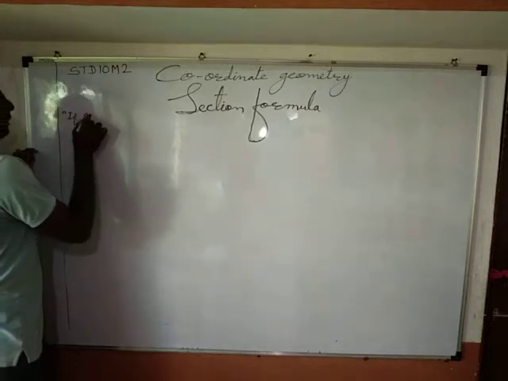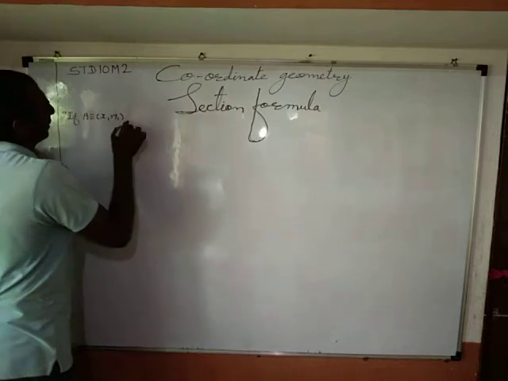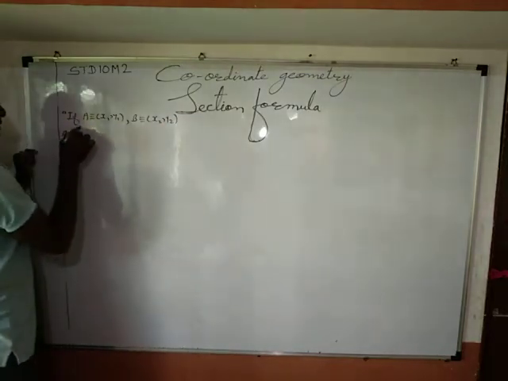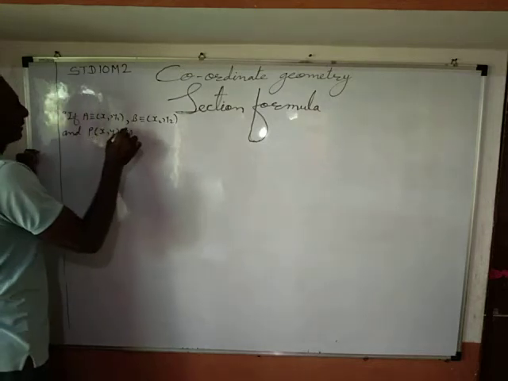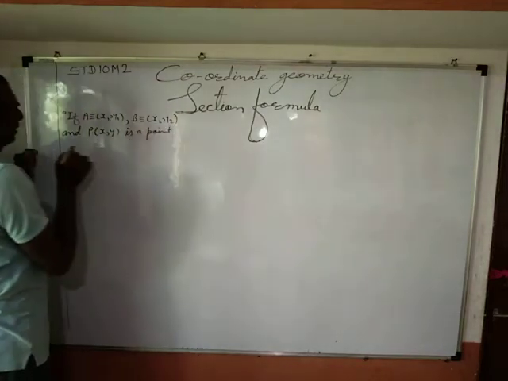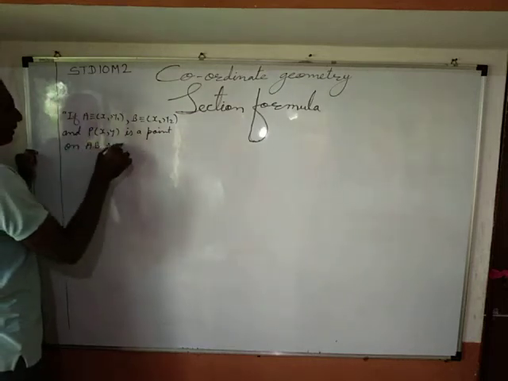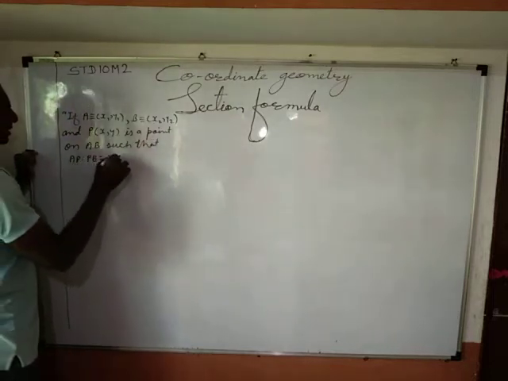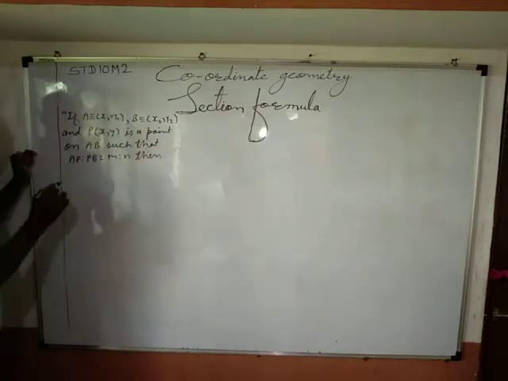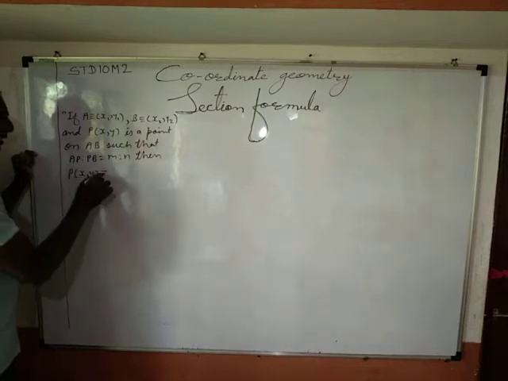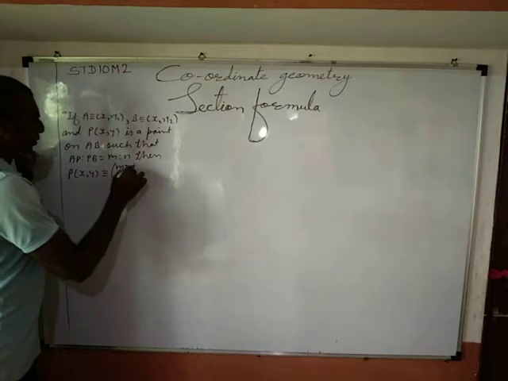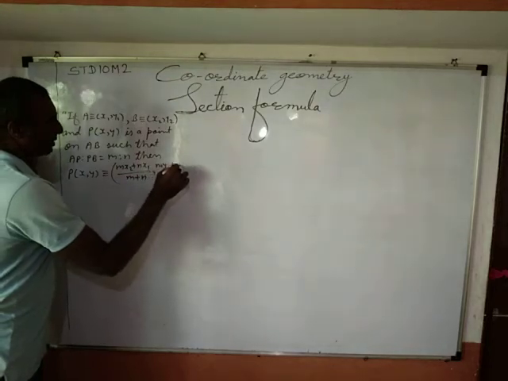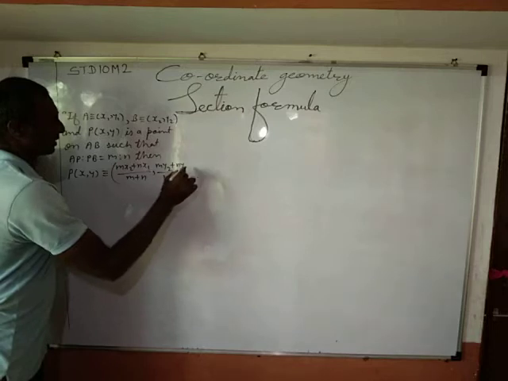If A is (x1, y1), B is (x2, y2), and P(x, y) is a point on AB such that AP is to PB equals m is to n, then P(x, y) is ((mx2 plus nx1) upon (m plus n), (my2 plus ny1) upon (m plus n)).